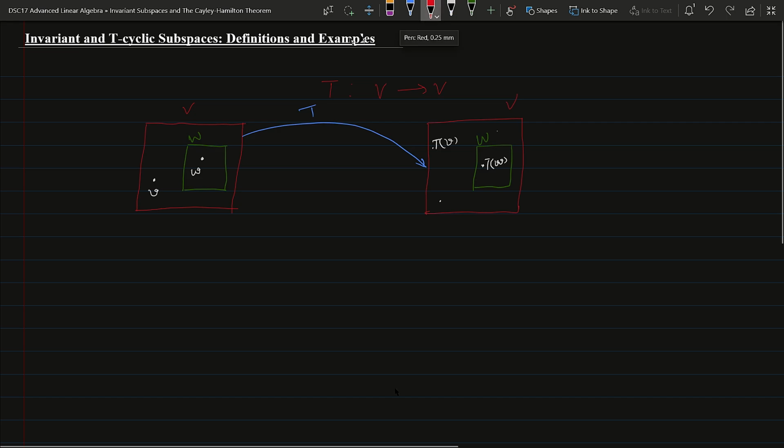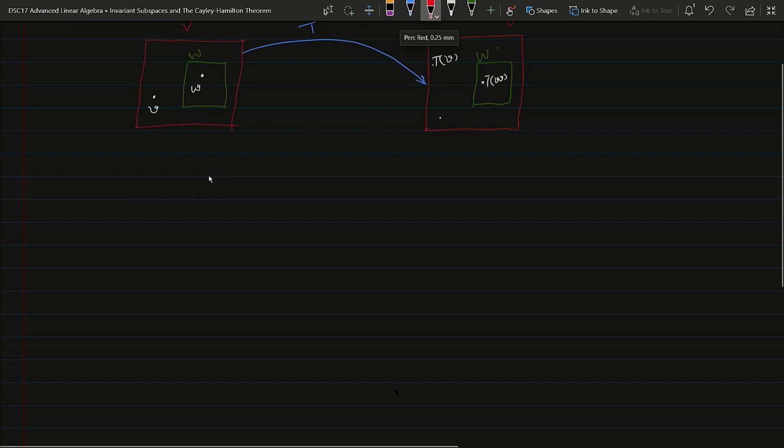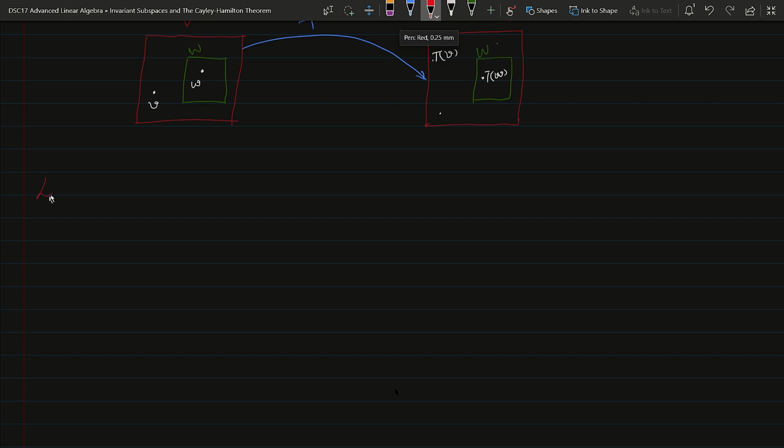Now let us start by writing the definition of T invariant subspace. Definition: this definition defines a T invariant subspace.